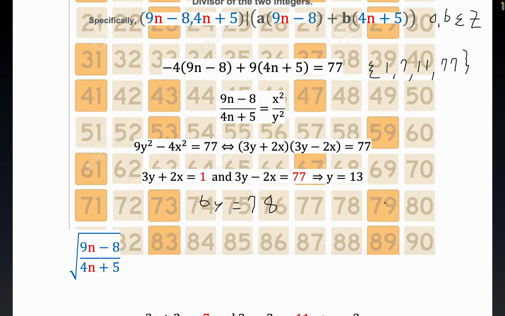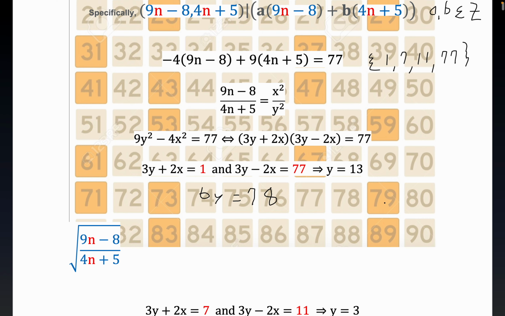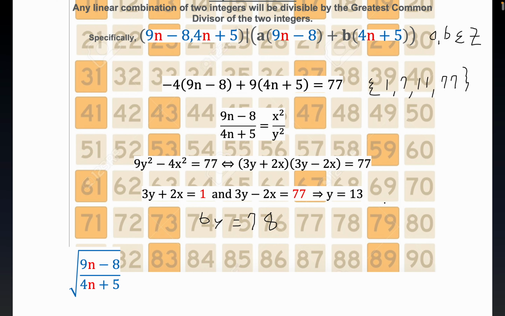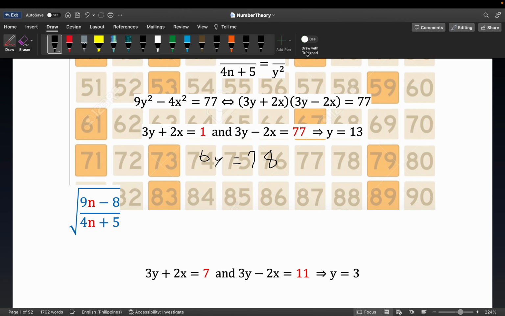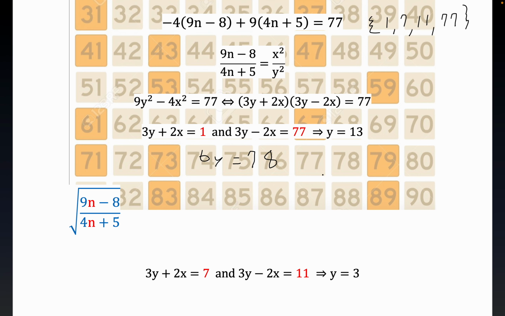Well, let's take a look at what that does for us. If y is equal to 13, that means we can equate, let's just write it, y is equal to 13, so we can write down 4n plus 5 equals 13 squared. Okay, folks, again, we get y is equal to 13 from this difference of two squares result.